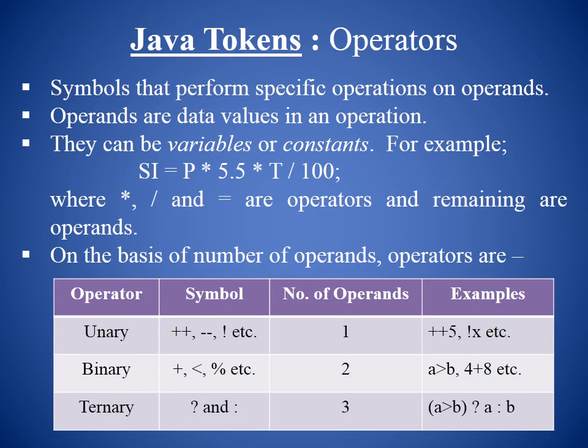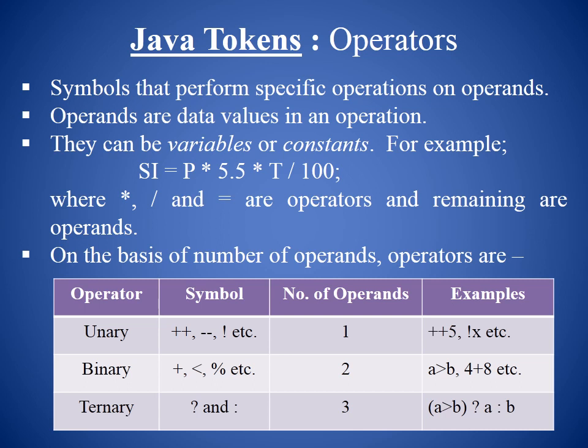The next token is operator. Operators are the symbols which perform a certain task, like plus is used for addition, minus is used for subtraction, and so forth. An expression is a combination of operators and operands.